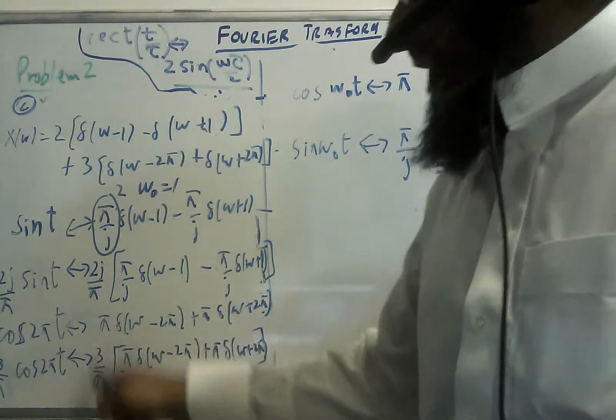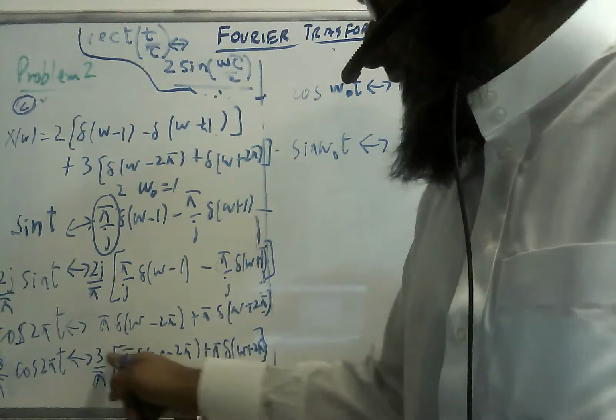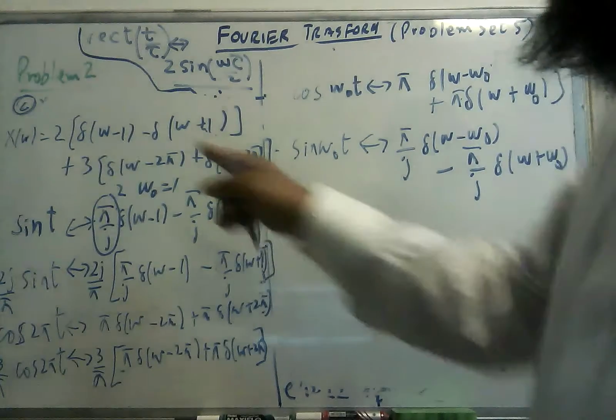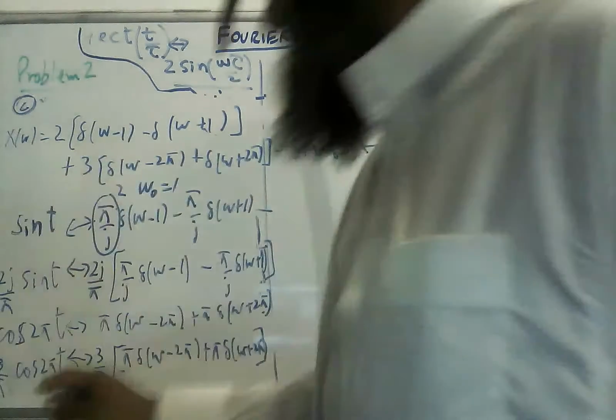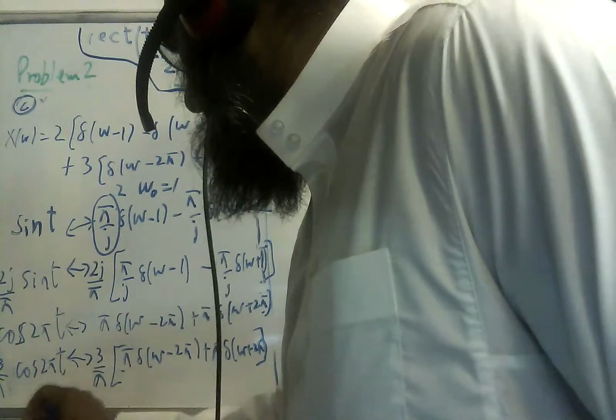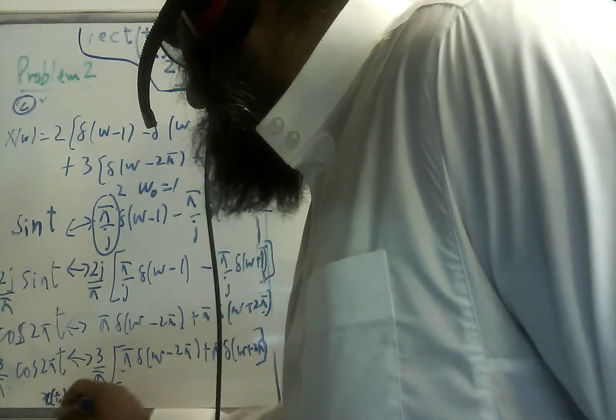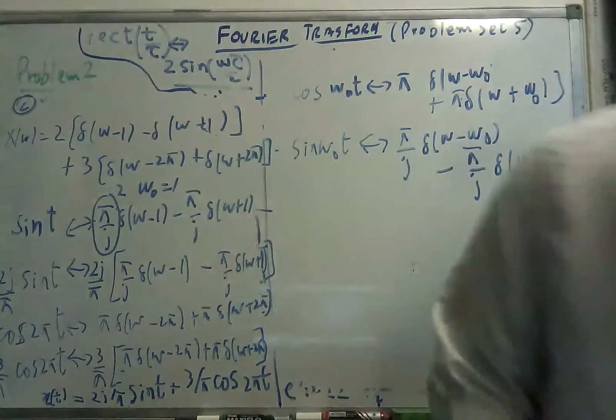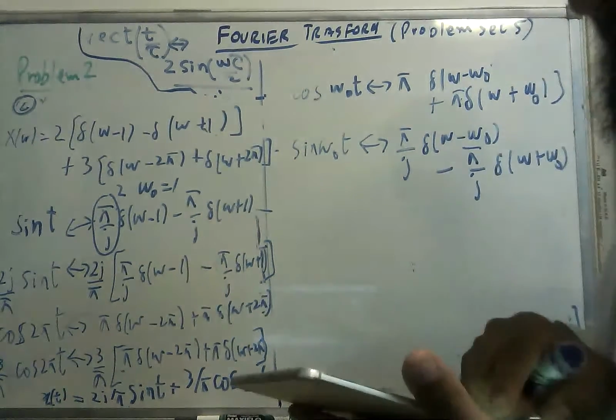So I just multiply and divide it by 3 over pi. This will cancel and the function will become 3. What is the total x of t? The total x of t is the combination of these two. So x of t here will be equal to this. This brings us to the end of problem number 2.